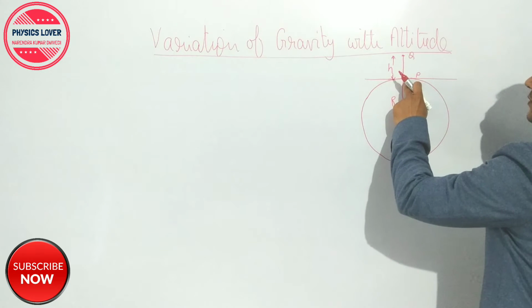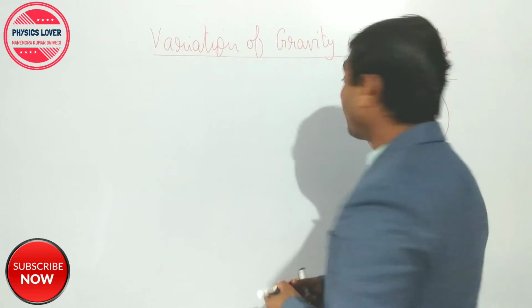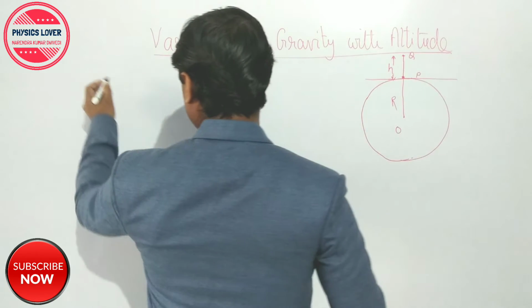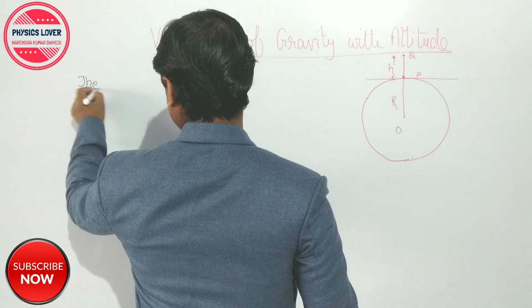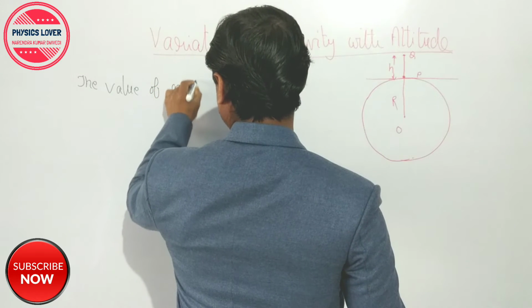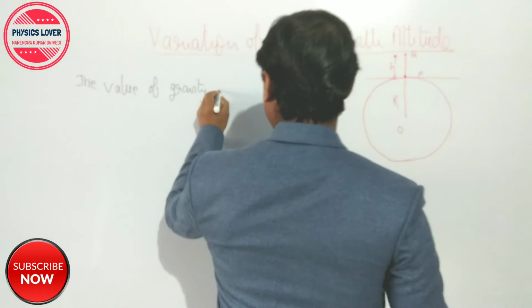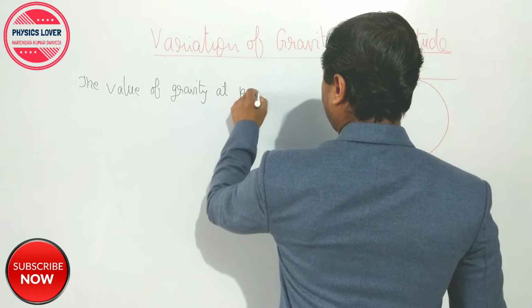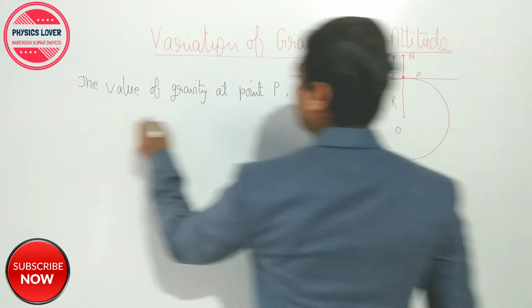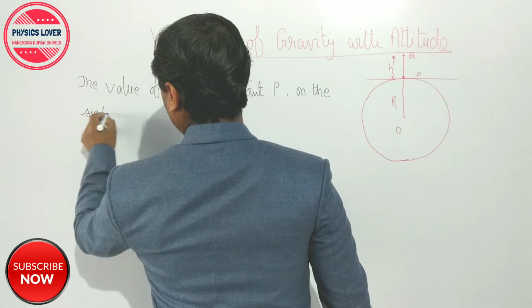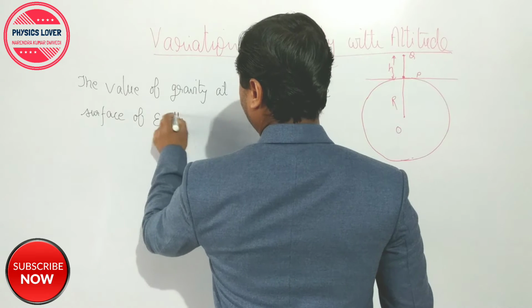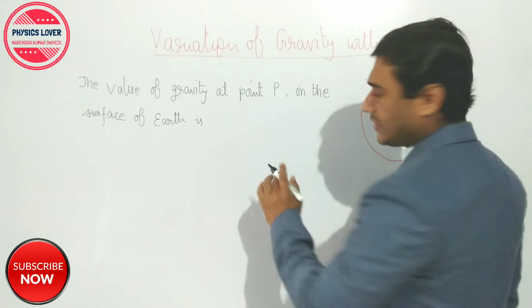So let me first write the value of gravity at point P on the surface of the Earth.